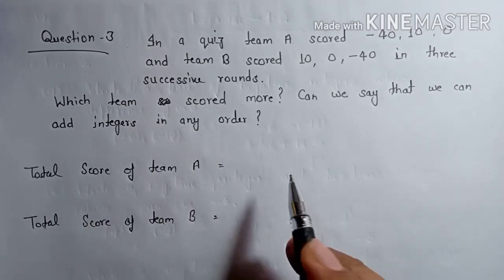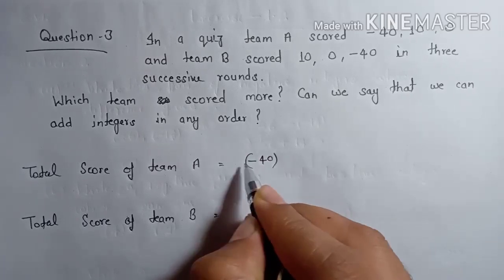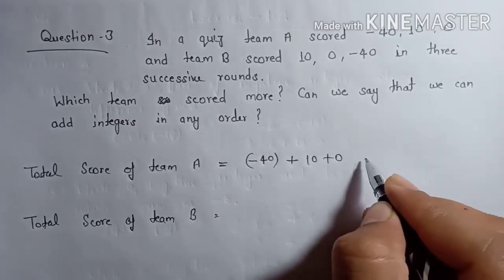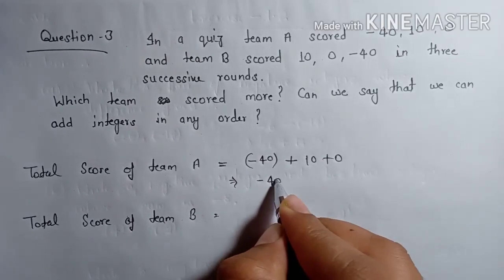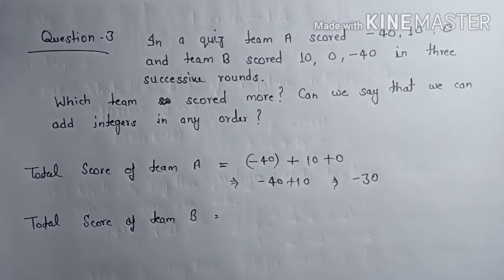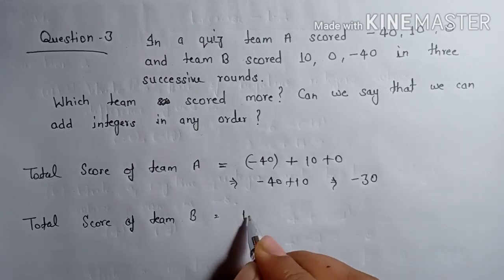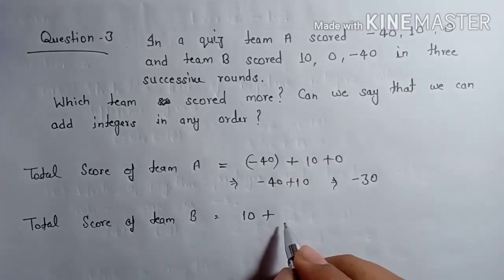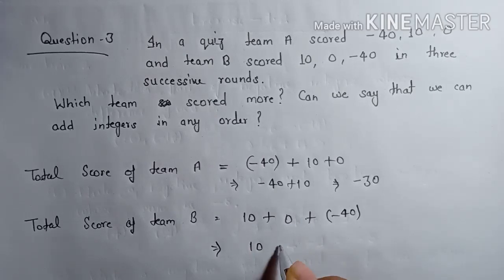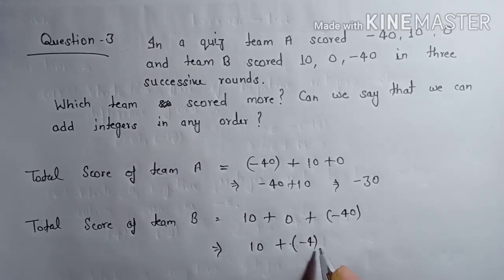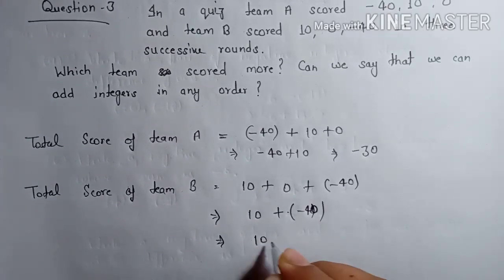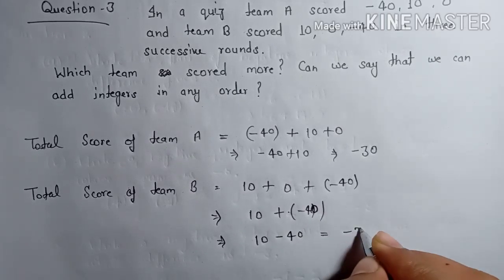Total score of team A: add all scores, that is minus 40 plus 10 plus 0. Minus 40 plus 10, and our result is minus 30. And the total score for team B is 10 plus 0 plus minus 40. That will be 10 plus minus 40, this is 10 minus 40, and the result is again minus 30.